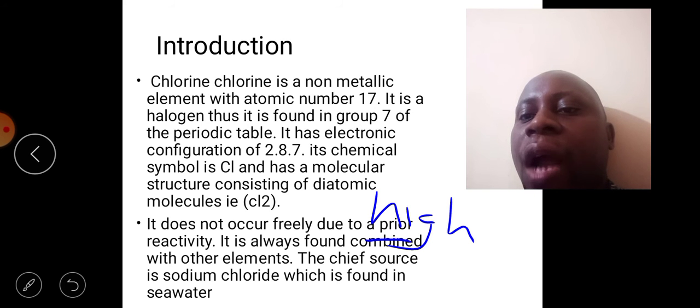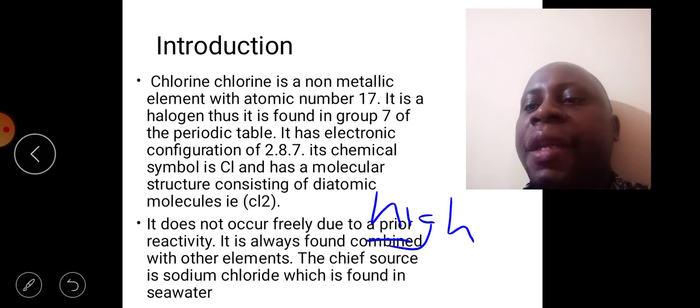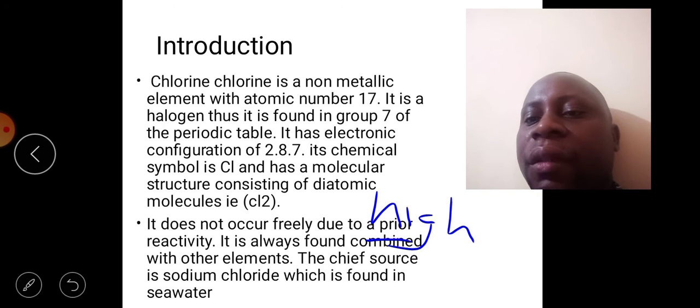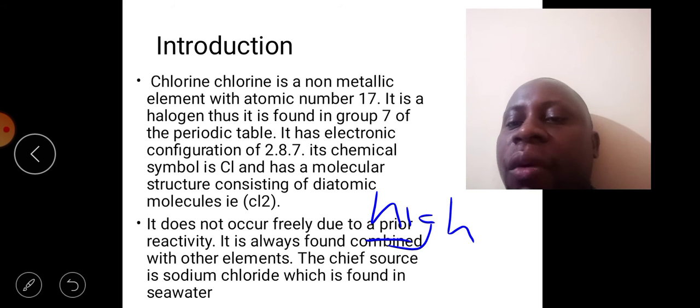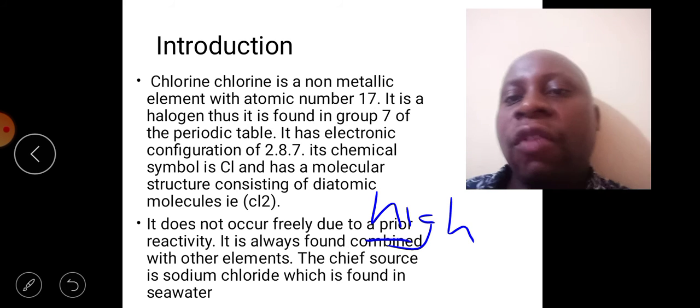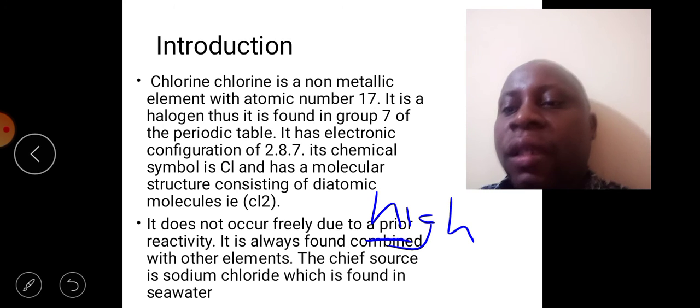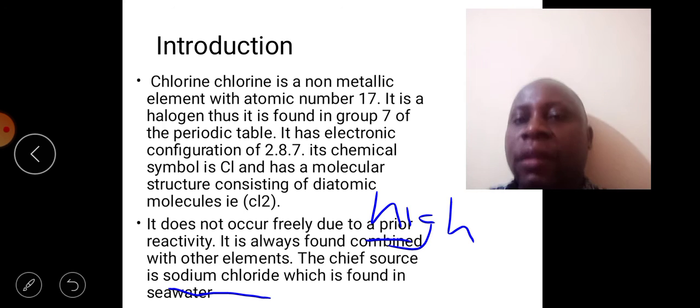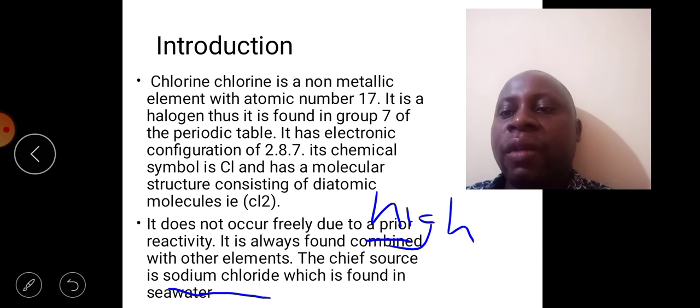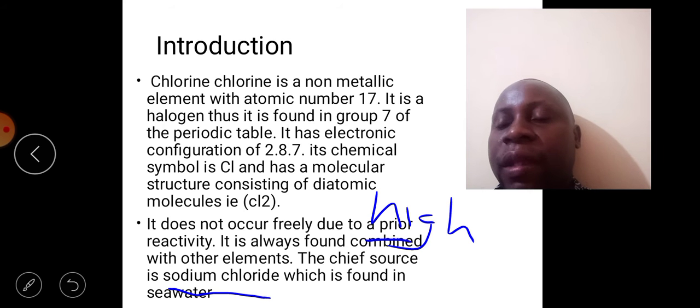It is always found combined with other elements, and the chief source of chlorine is sodium chloride, which is found in seawater. That is where we find chlorine in high amounts.